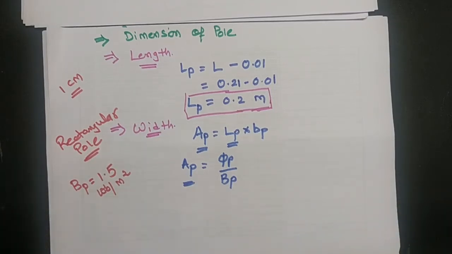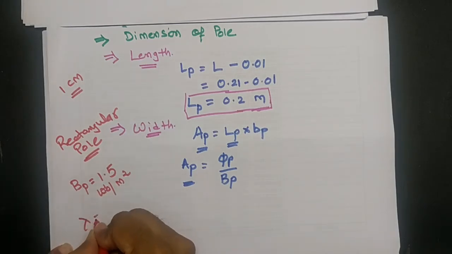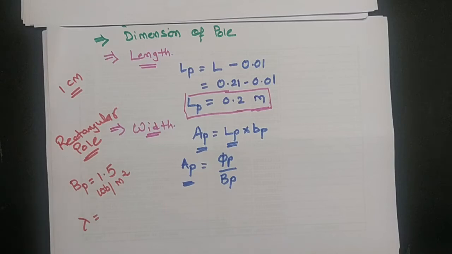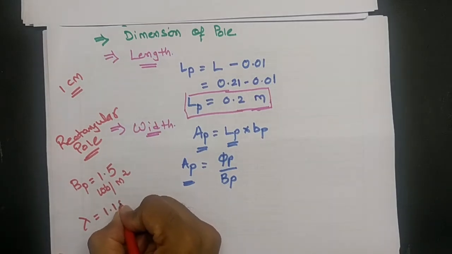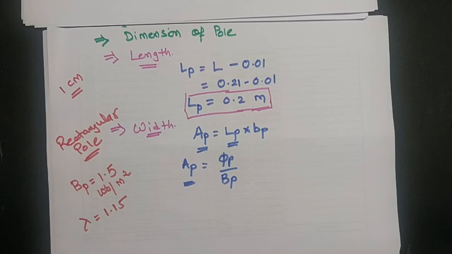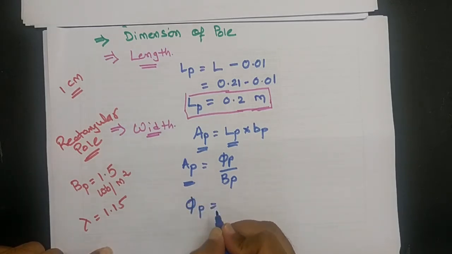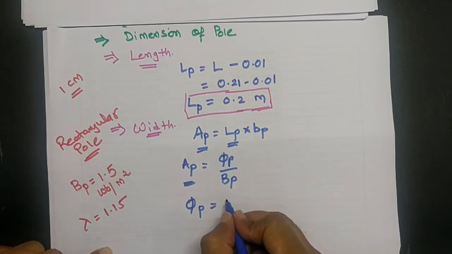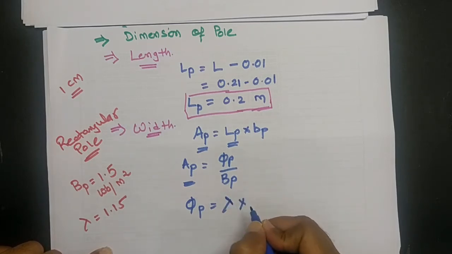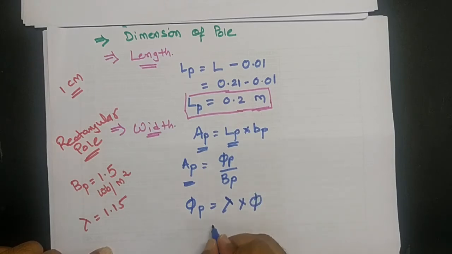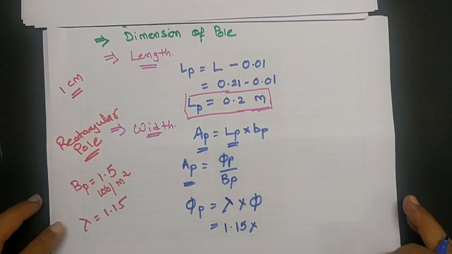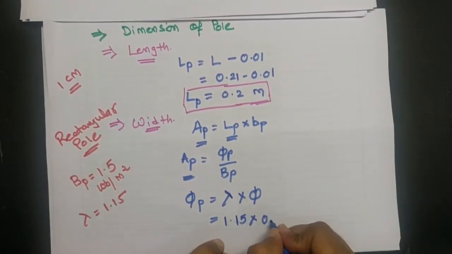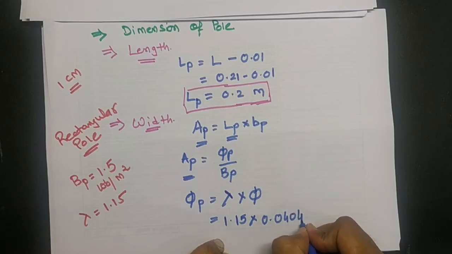Now at this stage we have to again assume a leakage coefficient. Suppose we assume 15%, that is 1.15. We know the equation that flux through the pole body is the leakage coefficient multiplied by useful flux. So it is 1.15 multiplied by the given flux, 0.0404.